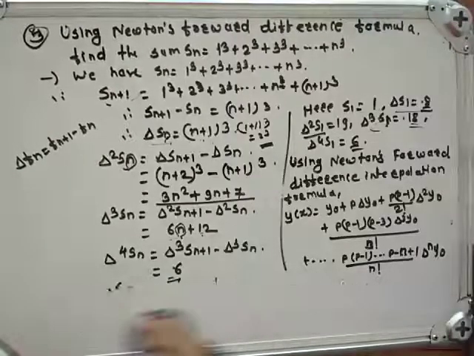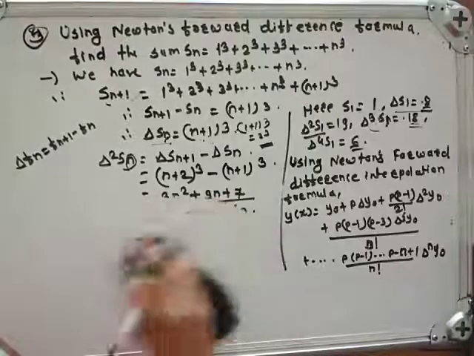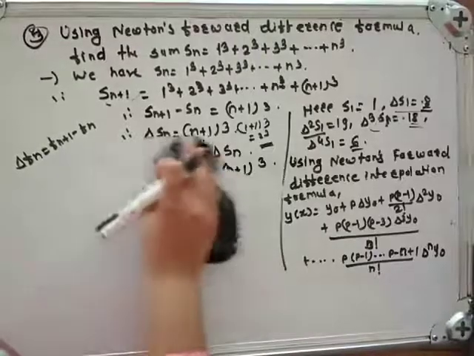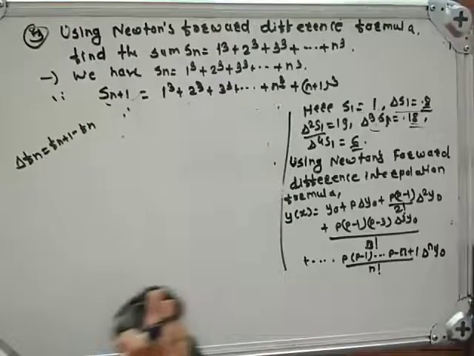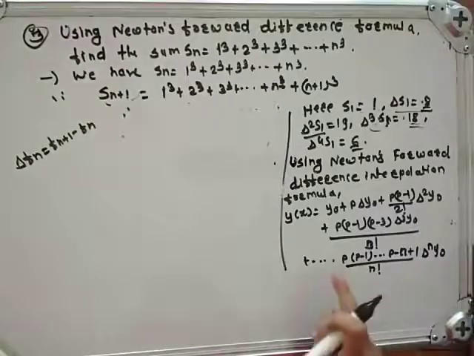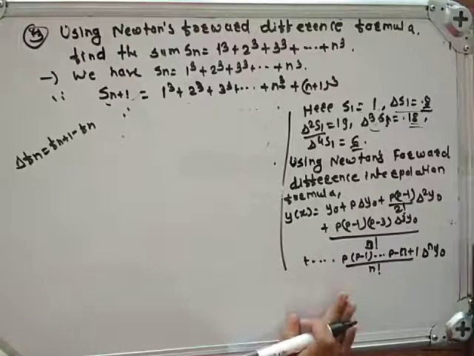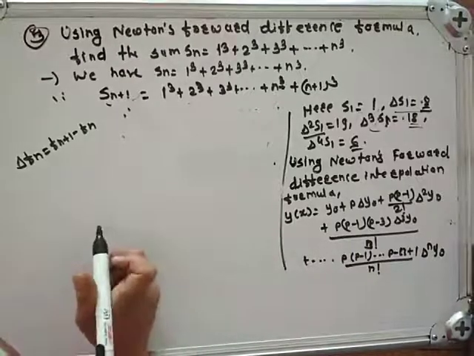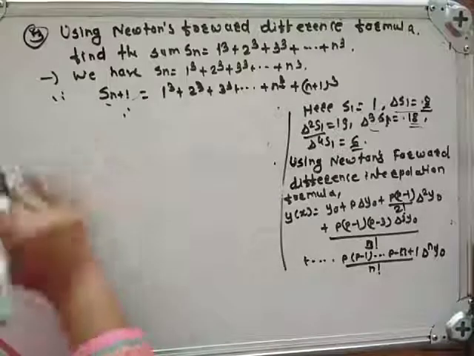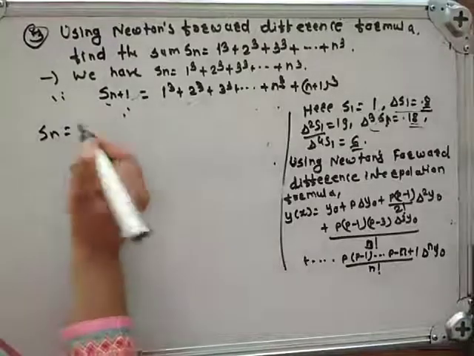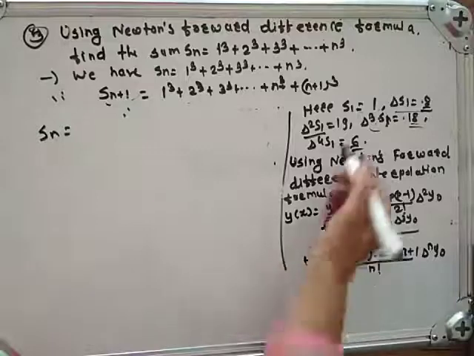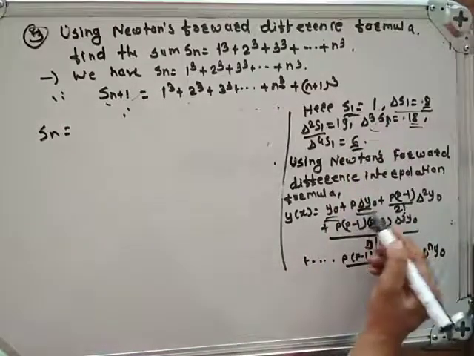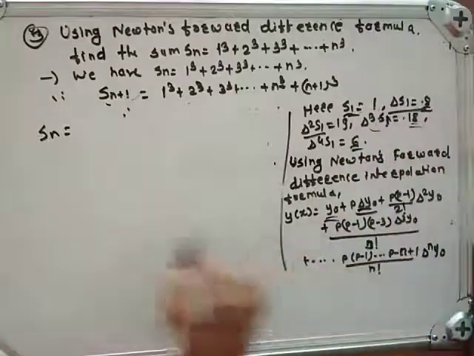Now put the values of S1, delta S1, delta square S1, delta cube S1 and delta raised to 4 S1 in this formula. Here Sn is equal to y0, which means S1, delta y0 means delta S1, and so on.